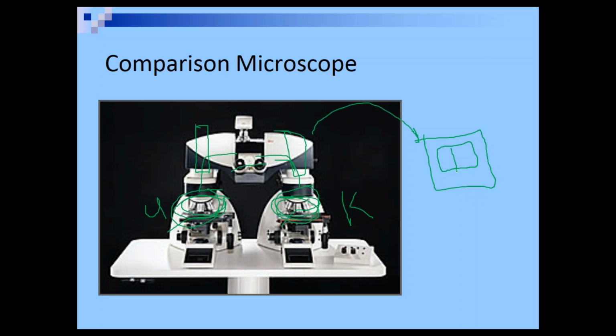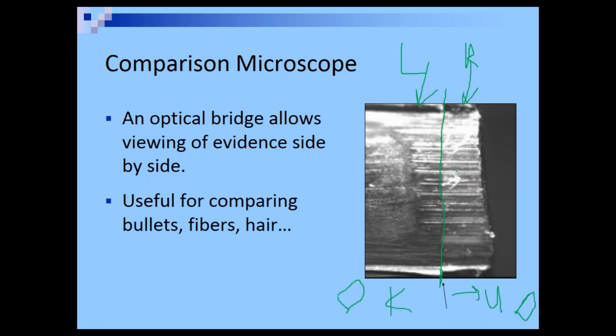But now that digital imagery and computer processing of images have gotten better and better, these comparison microscopes are almost all moving digital, so you can look at them on a computer screen.